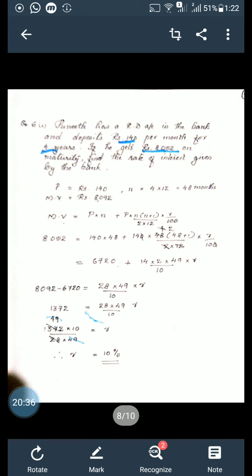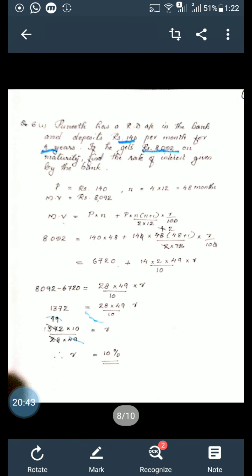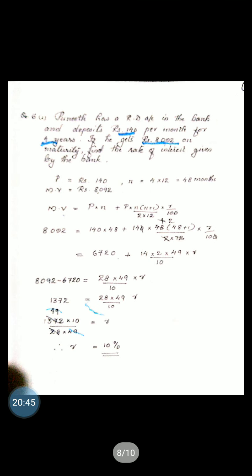10th question, listen. I'll read the question. Mr. Gulati has a recurring deposit account of rupees 300 per month. If the rate of interest is 12% and the maturity value of this account is rupees 8,100, find the time.